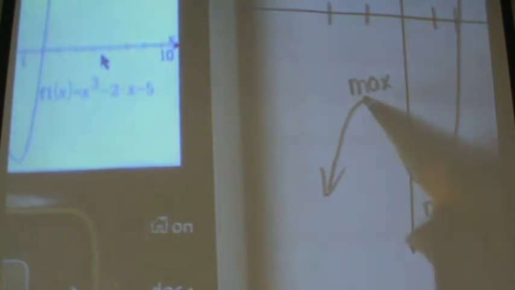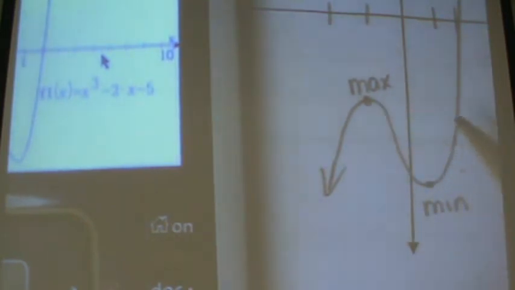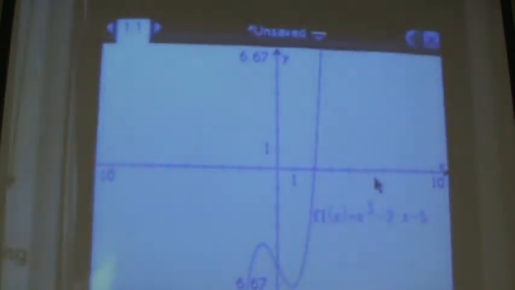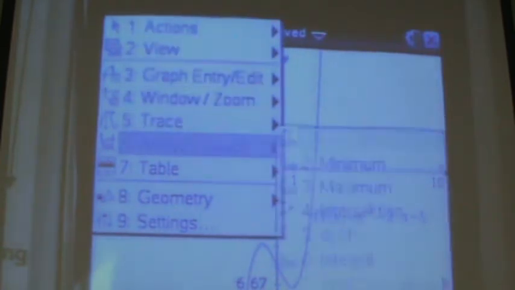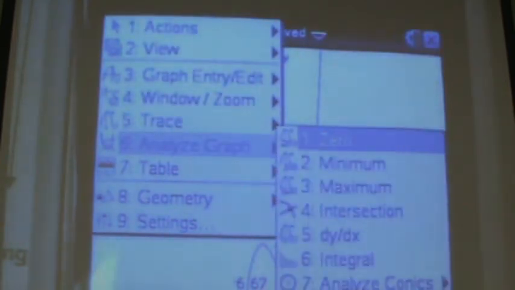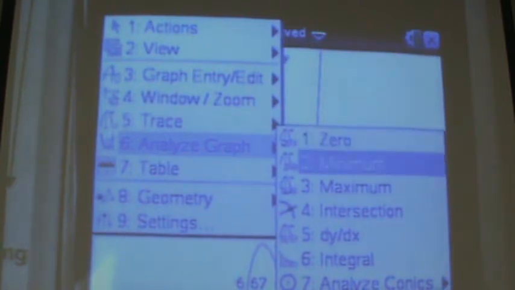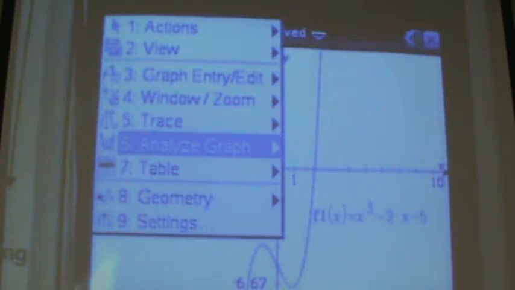How are you going to find the local maximum and the minimum value? Anyone think they know what to type in? Menu. Analyze graph. Minimum. Okay, which one you want to do first? You want to do minimum first? Why not? I don't think it matters.